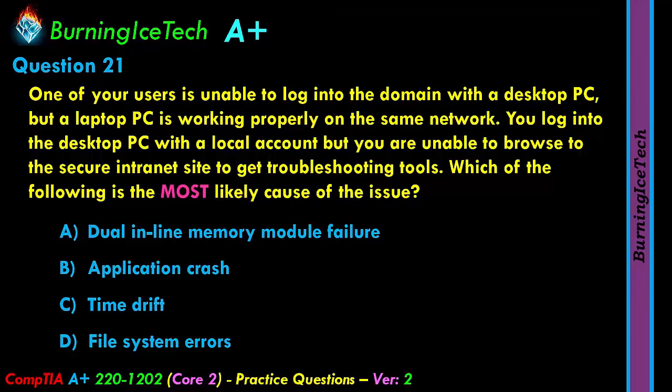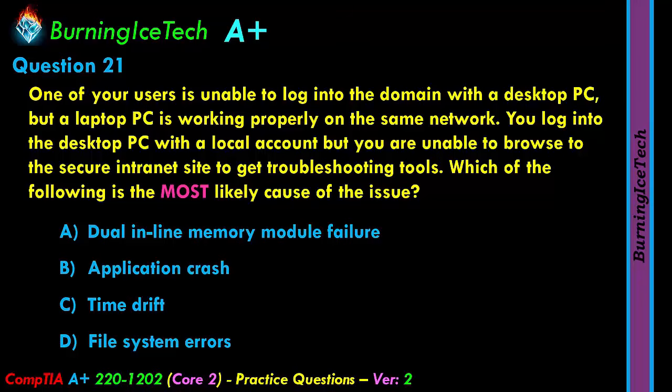Is it answer A, dual inline memory module failure? No, guys, that is your RAM, and if the RAM was an issue, this PC would not start at all, period. You can see clearly in the question that the PC is able to start. It's just unable to log into certain networks and access various tools, but the memory has got nothing to do with that.